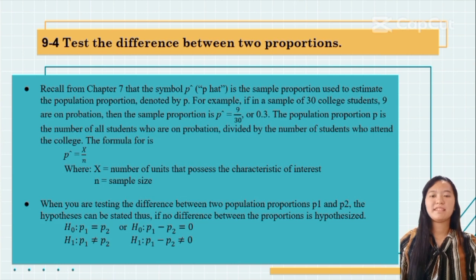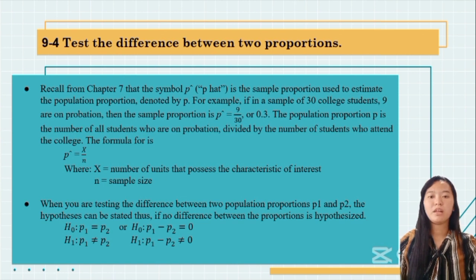When you are testing the difference between two population proportions, p sub 1 and p sub 2, the hypotheses can be stated as follows if no difference between the proportions is hypothesized. Null hypothesis: p sub 1 equals p sub 2, and alternative hypothesis: p sub 1 is not equal to p sub 2.